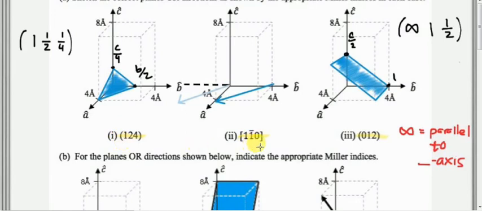So this is a direction, 1, 1 bar, 0. Along the A axis it is 1. For B it is -1, so the B axis is along this towards the left, so it is behind that. That is why it is -1 there. It is not touching the C axis, so 0.